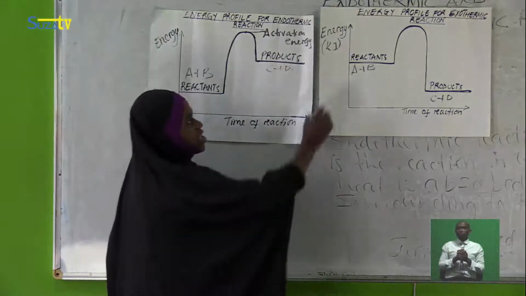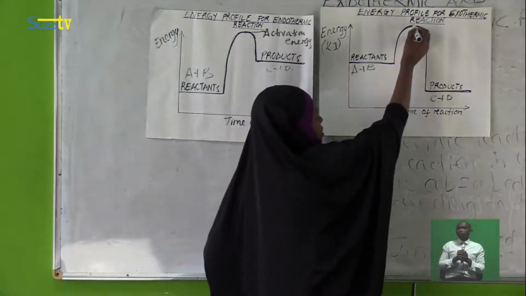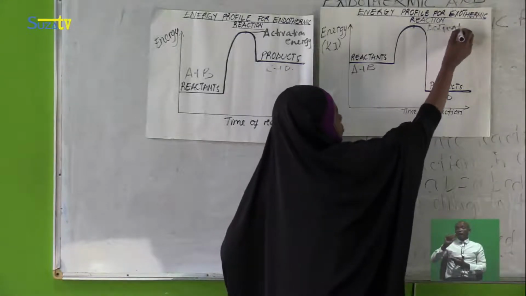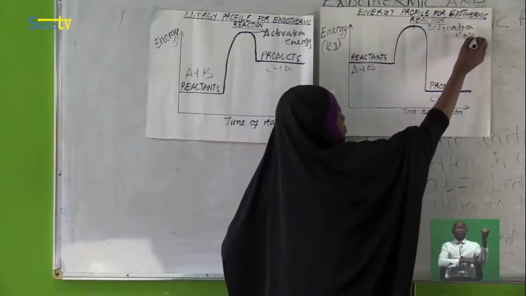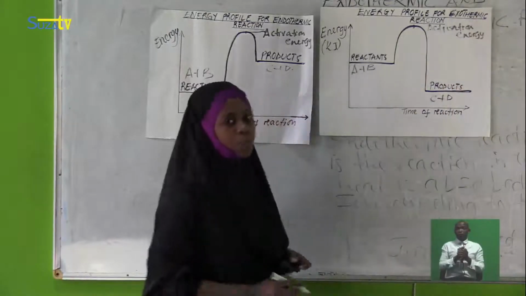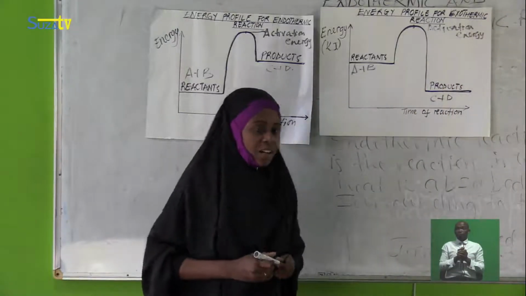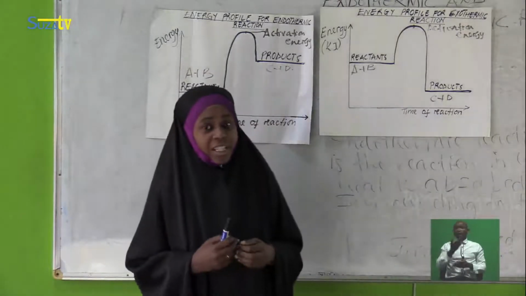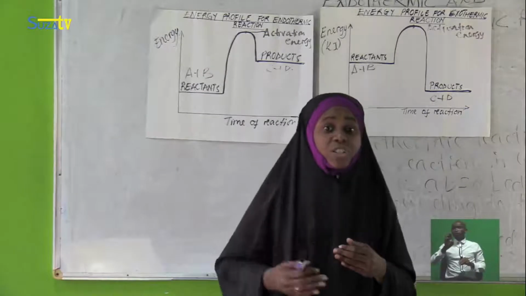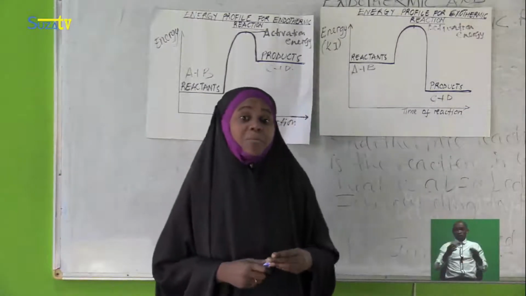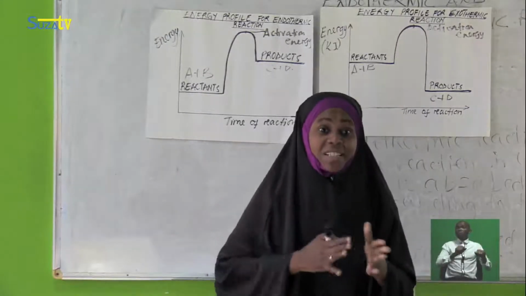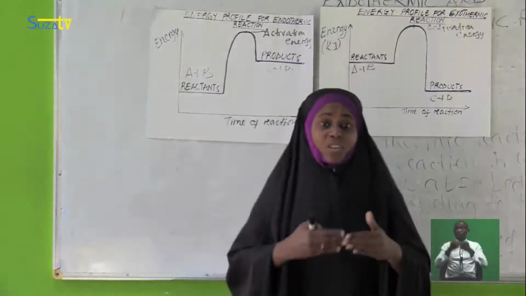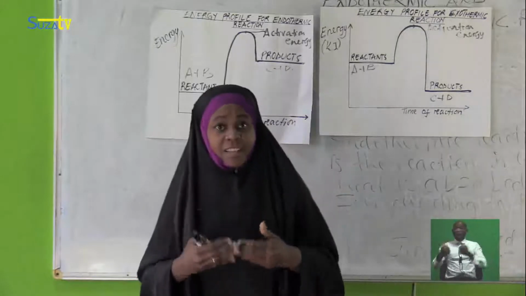The same case here, we have this peak. Also here is an activation energy. Right? Therefore, we know that before any chemical reaction takes place, or before the reactants react to give the product, the molecules or particles must collide with each other. During this collision, energy is required.